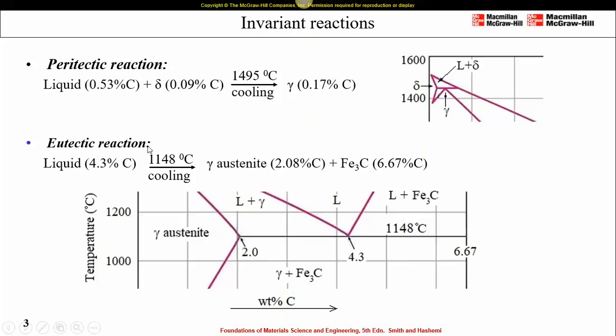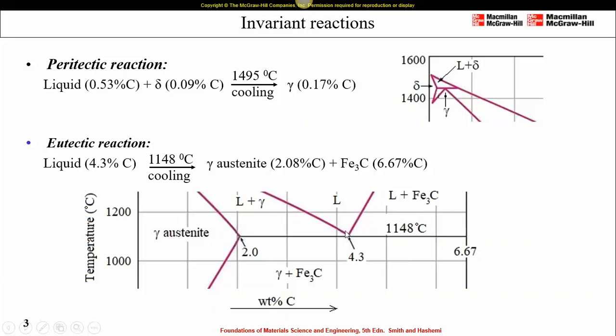Another important reaction is the eutectic reaction. In a eutectic reaction, liquid is converted into two different solid phases on cooling through the eutectic temperature.